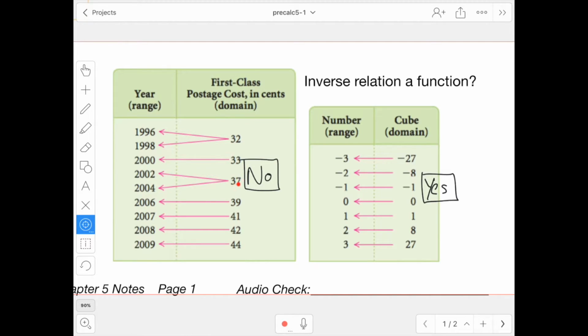If the input is 37, then the output is, oh, wait a minute, we've got 2002 or 2004. So when we take the inverse relation here, this is not a function. But this one is. You can see we've got -27 still going to -3. All these new inputs have exactly one output. So yes, this inverse relation is a function.